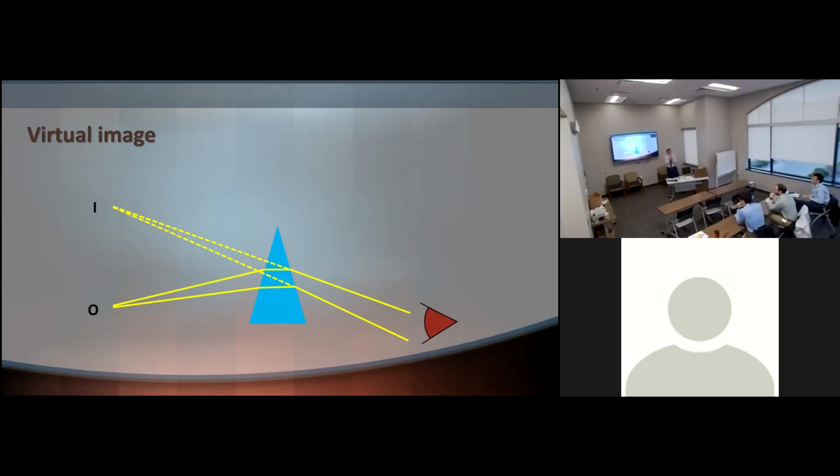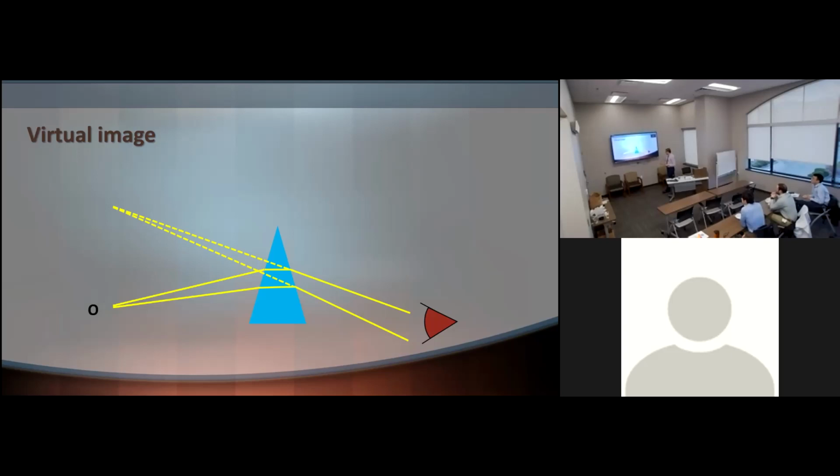So with a convex lens, for example, when the light hits the lens, it will converge and form a real image, like the one we see with indirect ophthalmoscopy, right? But with the virtual image, we are seeing an erect image formed by the rays that are virtually connected from the diverging light.